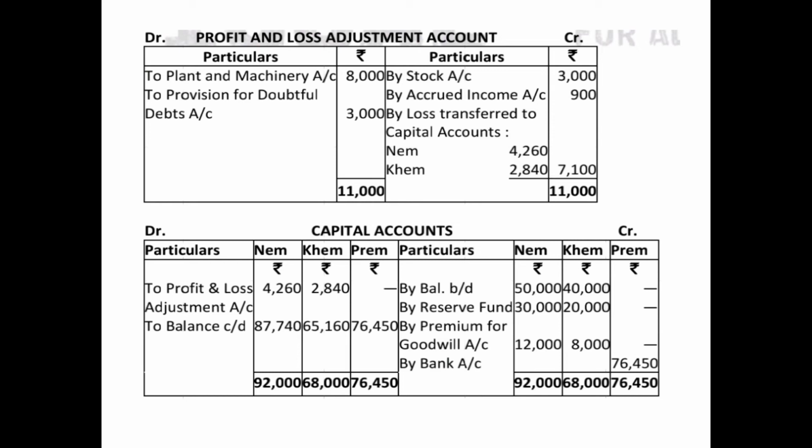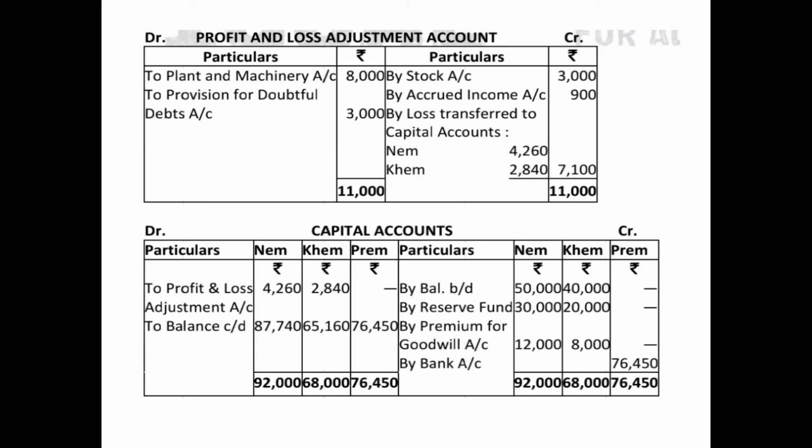Then to provision for doubtful debts, that is an increase in liability by 3,000, that is 5% of the debtors. So after posting all the increase and decrease in the assets and liabilities, we will compare the debit side with the credit side. As we can see, in this case, the debit side is more than the credit side.